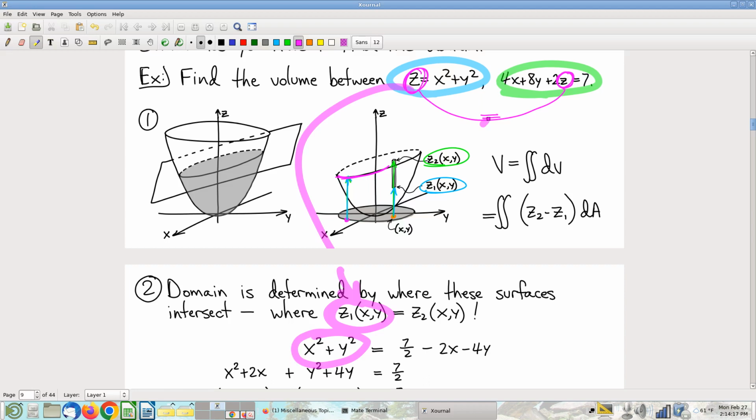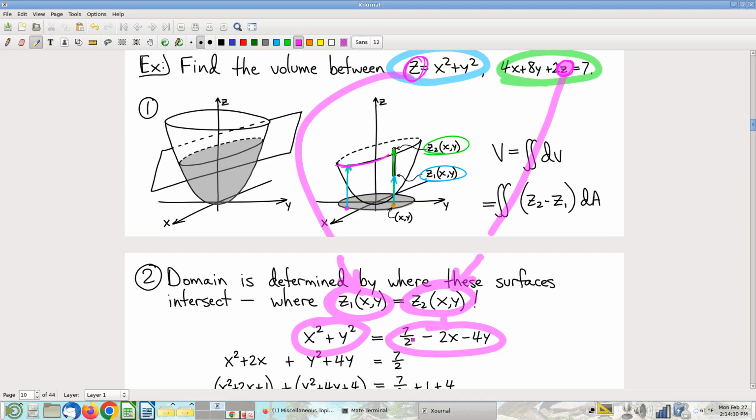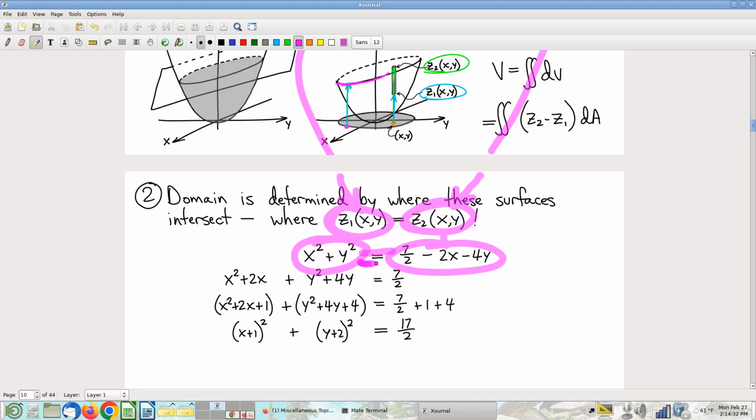Z2, I'm going to have to do some algebra to solve for that z. This Z2, though, ends up being that. So this is the equation that I need to describe what I'm looking for.